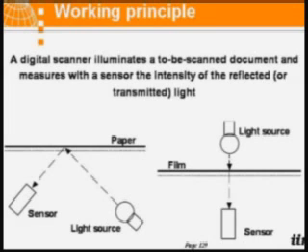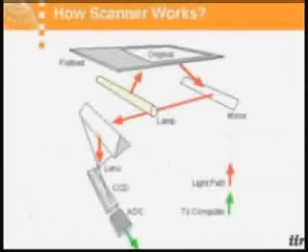Earlier we used to get film from NRSA, like color satellite data coming in a film. In case of film, your light source is on one side and your sensor is on the other side. Then you do the scanning. So that way it works.